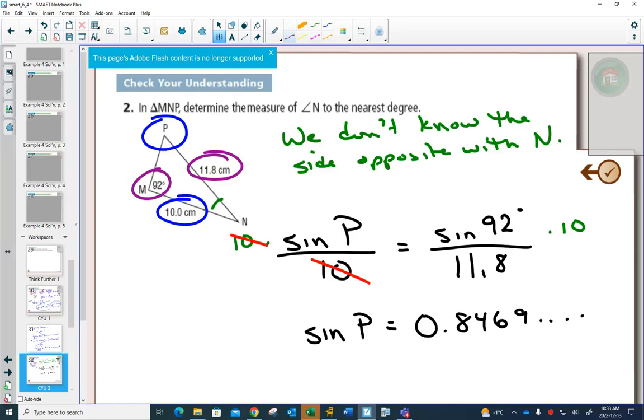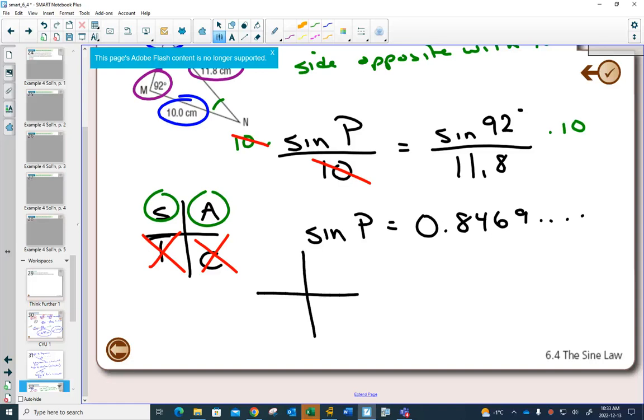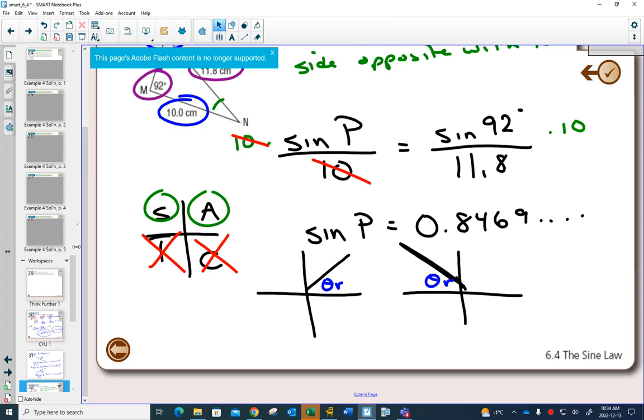Can you see that if I have sine of p equal to 0.846, according to the CAST rule, it could be in quadrants 1 and 2. It's definitely not in quadrant 3 and 4. If I draw a picture of those two angles, I could have a triangle in quadrant 1. I could have an angle in quadrant 2. This would be my reference angle, and this would be my actual angle.